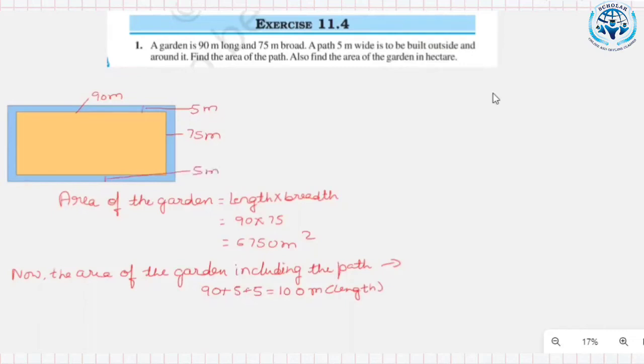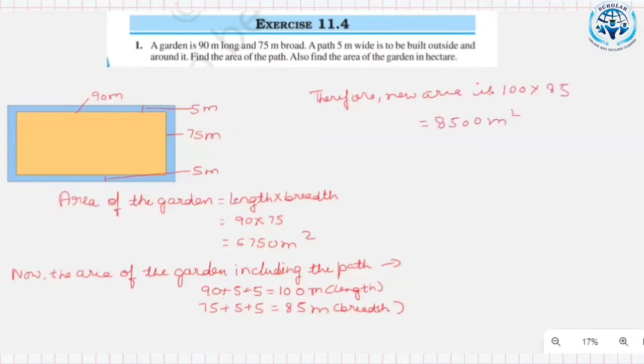That means 90 plus 5 plus 5 is equal to 100 will be the length, and the breadth will be 75 plus 5 plus 5, 85 meter. Now we will multiply both this length and breadth to get the area of the garden with path. Therefore, new area is 100 into 85 is equal to 8500 meters square.